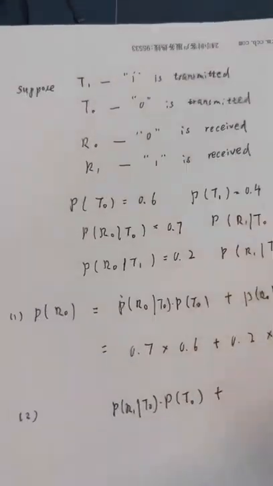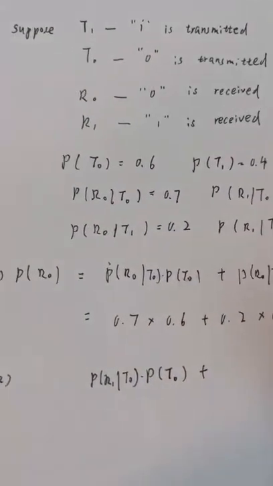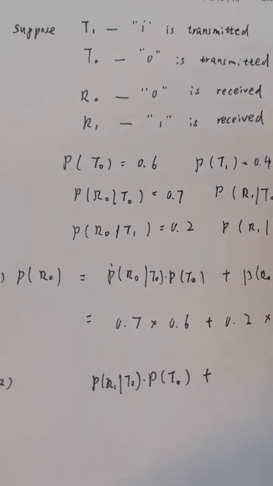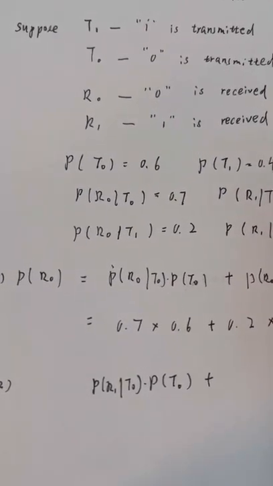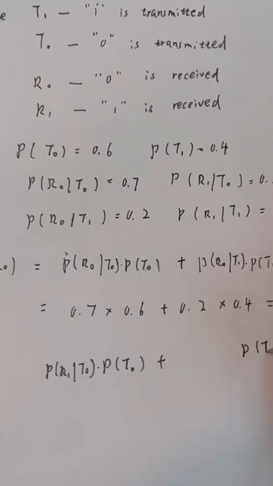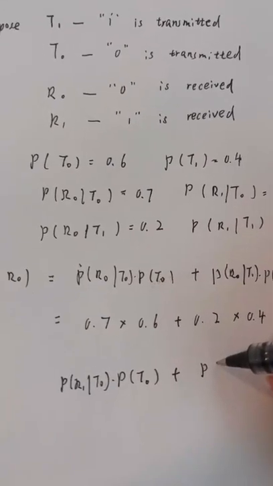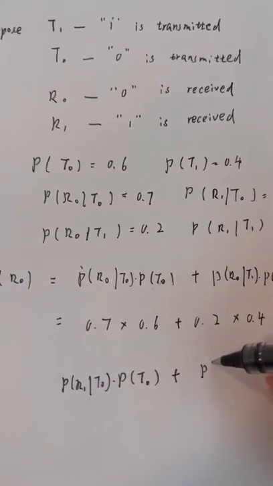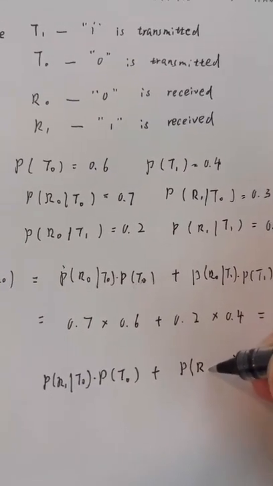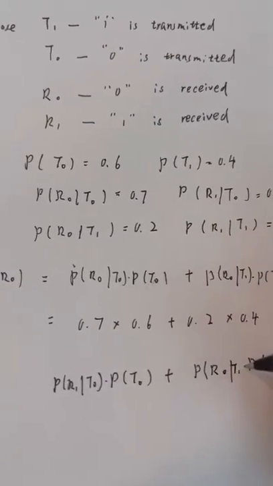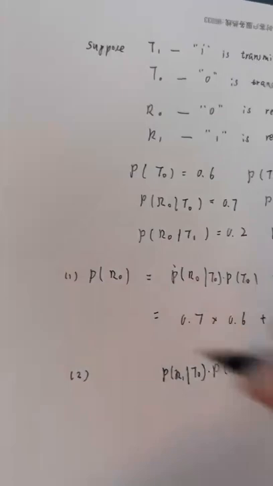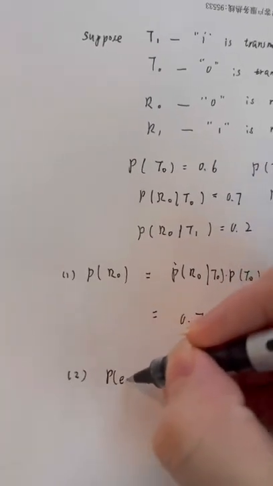And then the second case is when digital 1 was transmitted, so it will be P(T1), and we multiply it by the conditional probability P(R0) under the condition T1. The sum of these equals P(error).